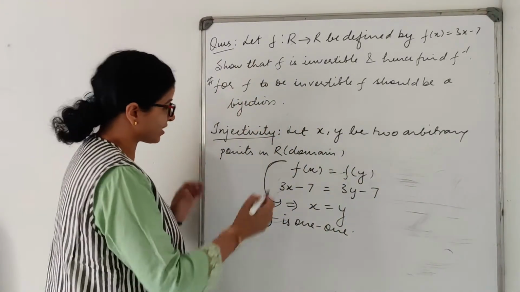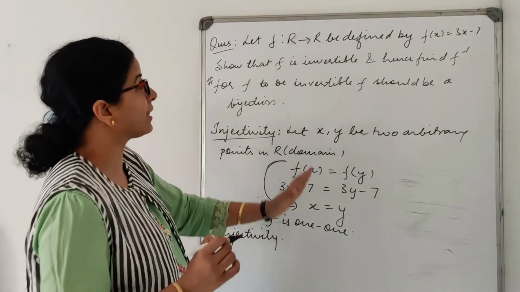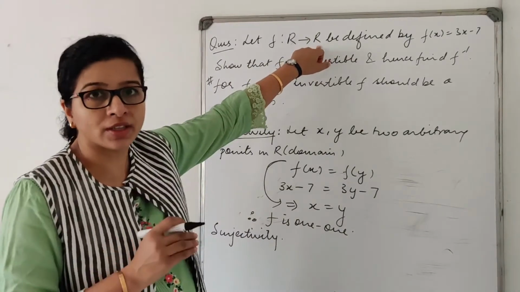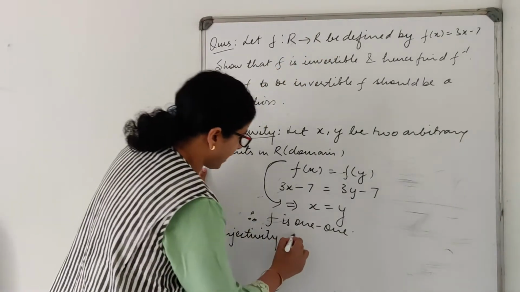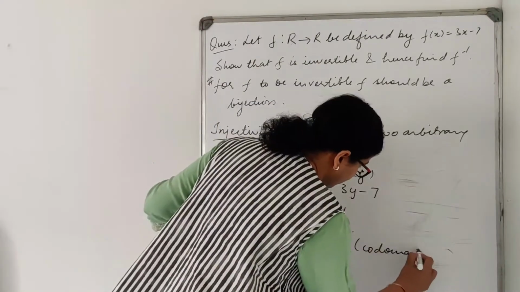I have to check the surjectivity. Whenever I am talking about the surjectivity, I have to take an element in the codomain and check whether its pre-image exists or not. So let y belong to R in the codomain.